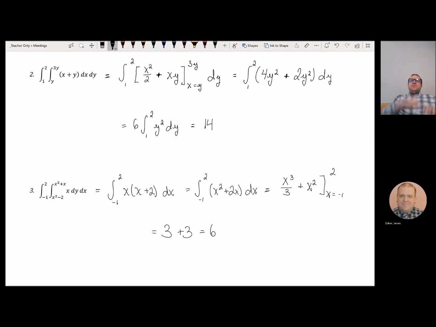Or you may wind up with a mixture, a whole bunch of them. Or you can just do what I do when I set up triple integrals, then I just plug it into a CAS. Because it's the setup that's the most difficult part.